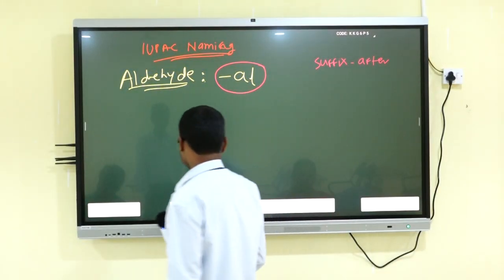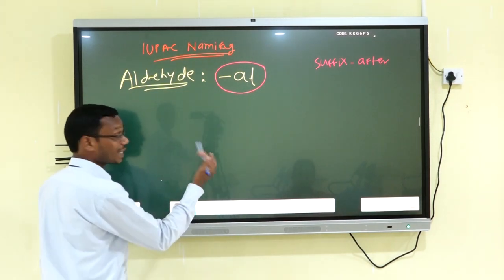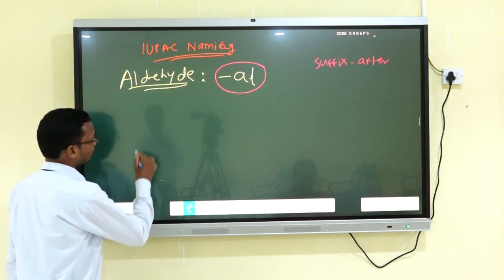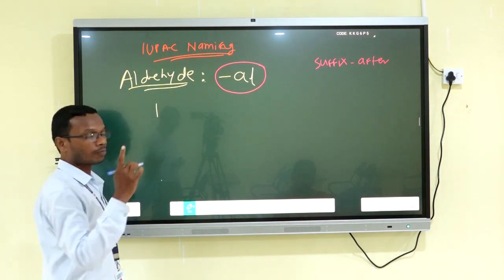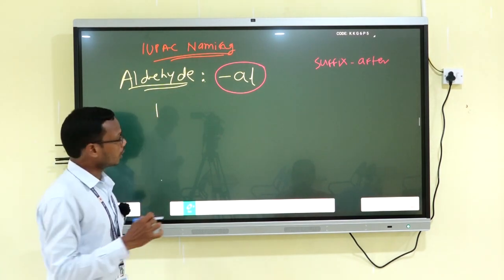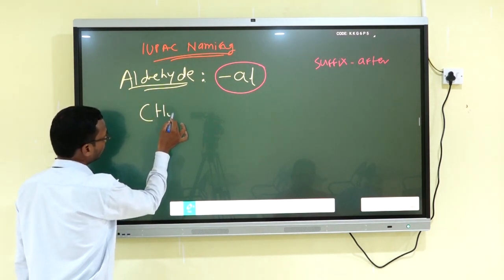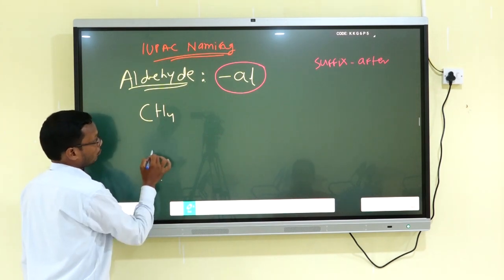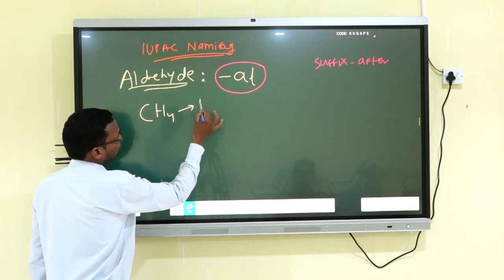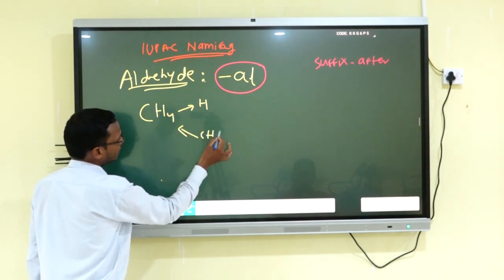So how to name this compound? Consider one example. What is the first compound? CH4. Listen carefully. One hydrogen will be removed and the CHO group will attach.